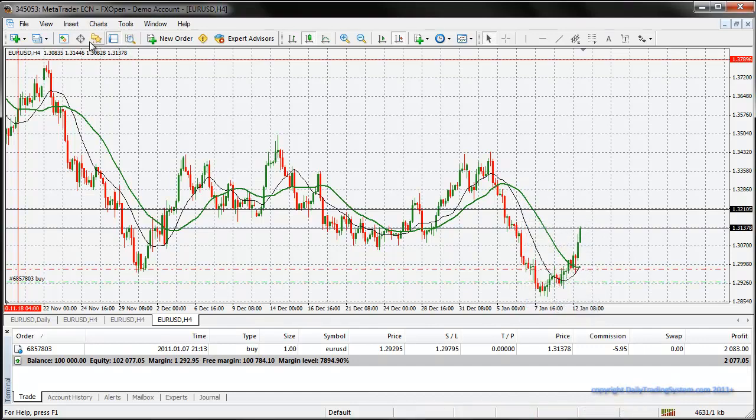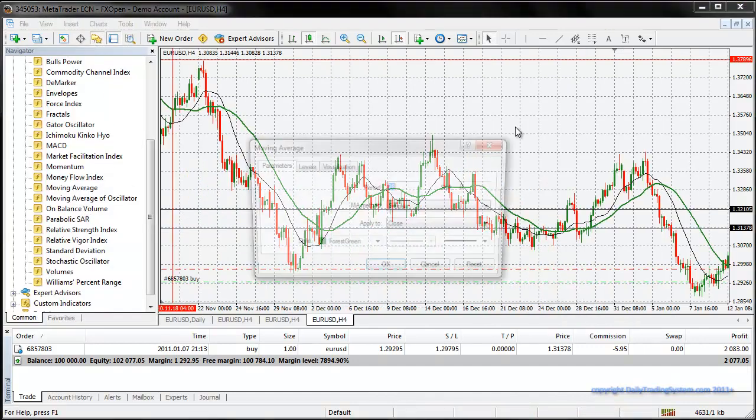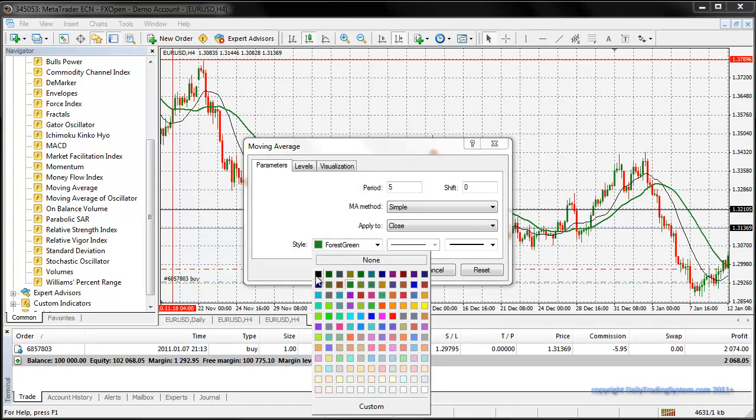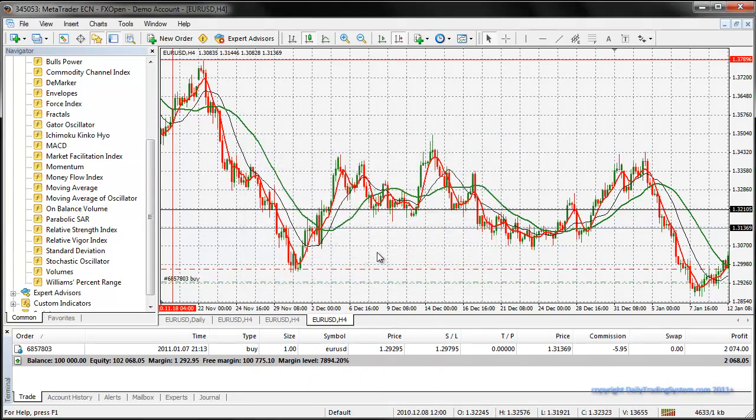I could put another moving average on if I want to, and I can show you one where it really follows tightly to the candles. Let's just find a color. Now you can see how this red line is followed more or less in line with the candles. So that's a much faster moving average.